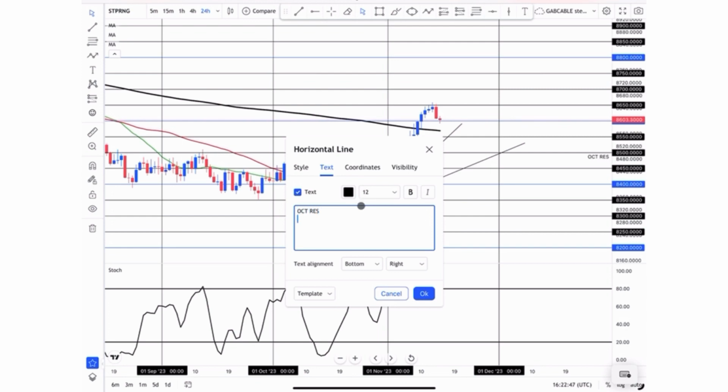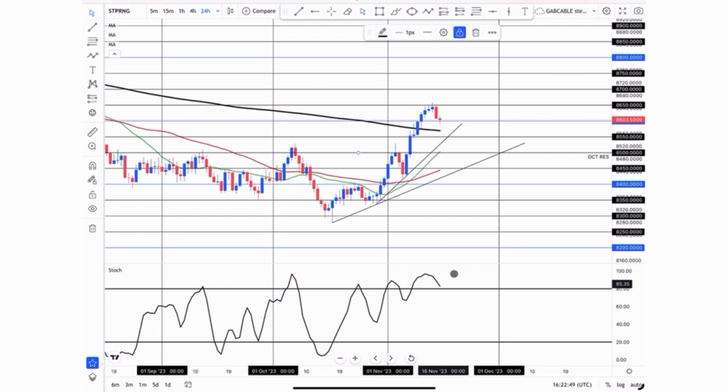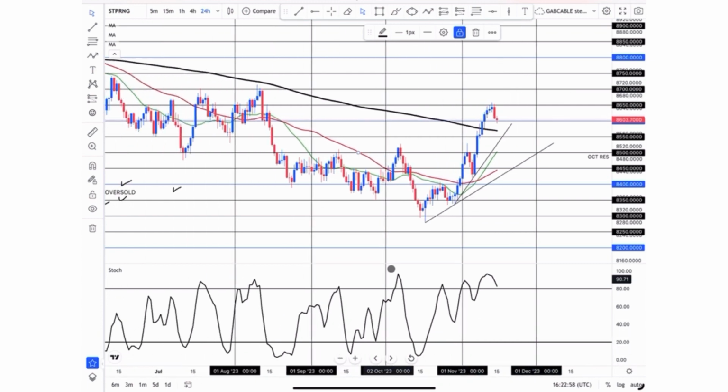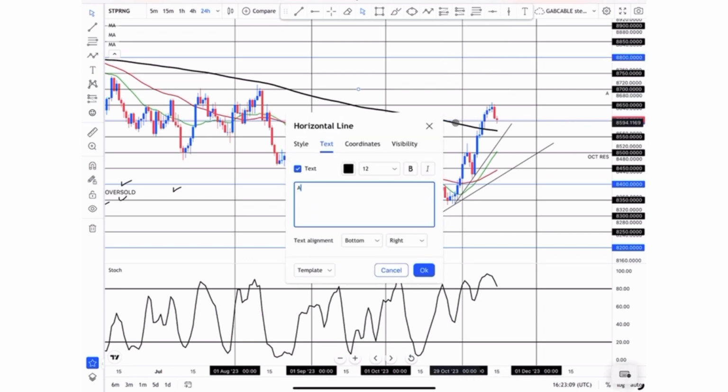Since I have it there, October resistance. Then this 8700 should be the August resistance, which is the overall highest. So far, so good. I'm going to label this one August resistance.